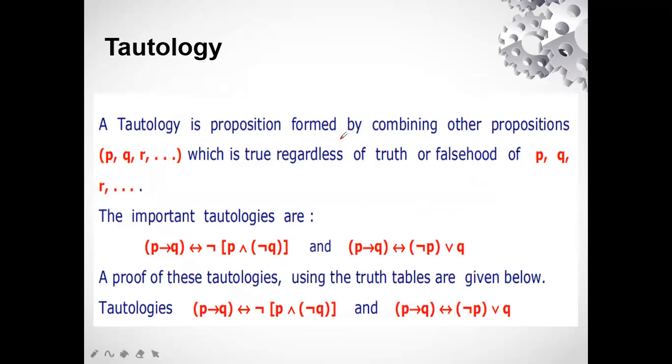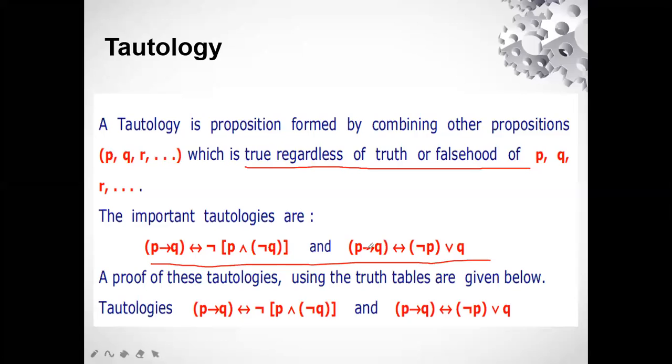A tautology is a proposition formed by combining other propositions P, Q, R, which is true regardless of the truth or falsehood of P, Q, R. So we have this important tautology, which I have also already told you: P implies Q is equivalent to negation P disjunction Q. This we have already formulated, and we can find it in this manner.